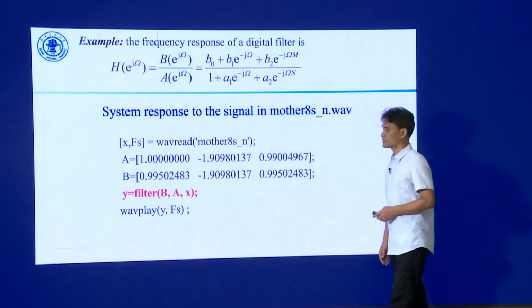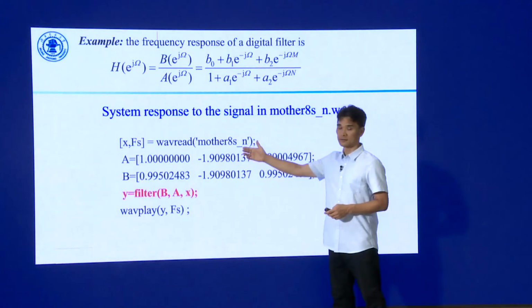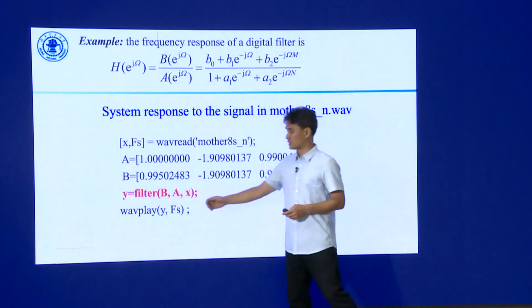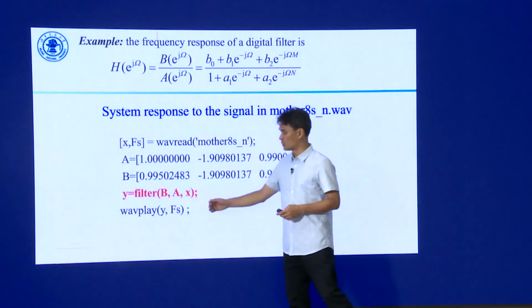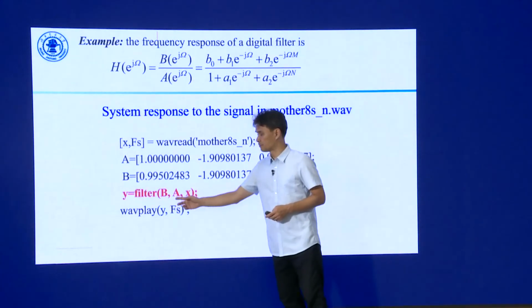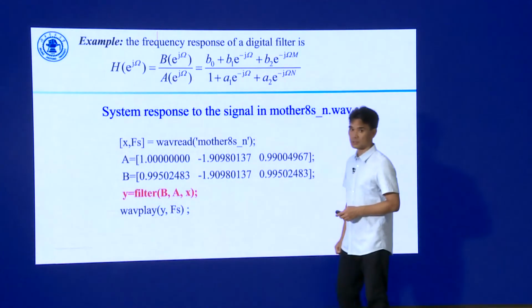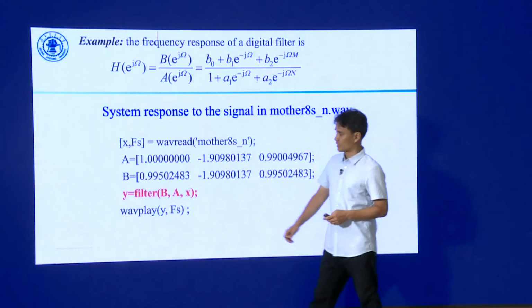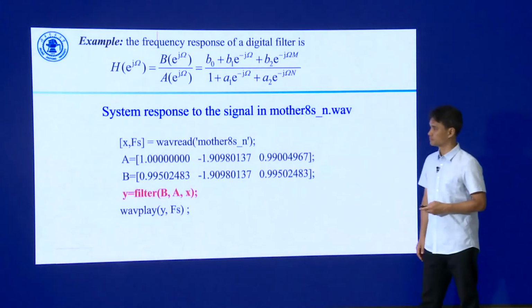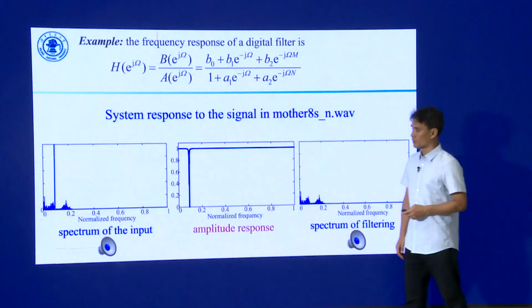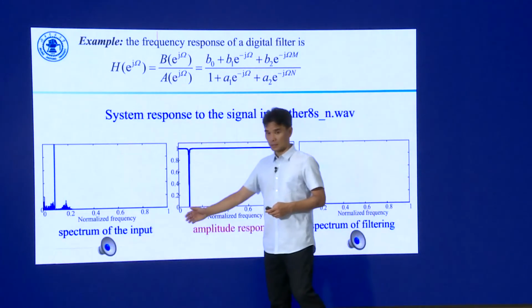And we can get the signal from the file and then use this function for discrete time LTI systems to get the response of the system to the input signal. And we can play the resulting signal back. And here is the input signal.